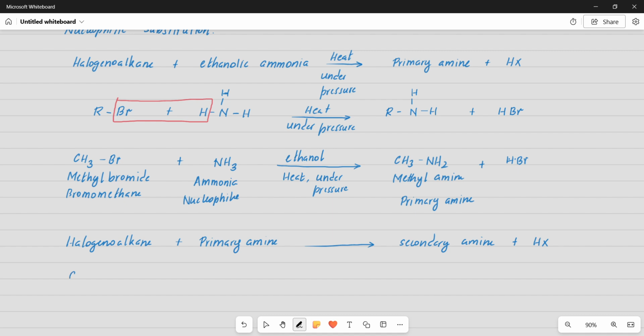For example, I take CH3Br again, methyl bromide or bromomethane, and I am taking a primary amine like CH3NH2, which is methylamine, acting as a nucleophile.